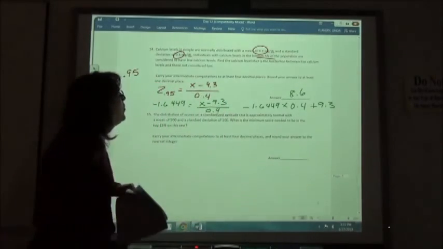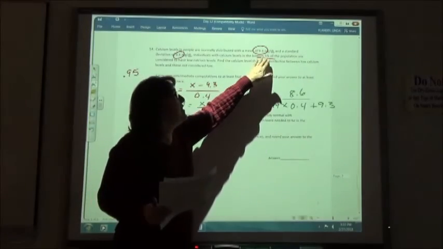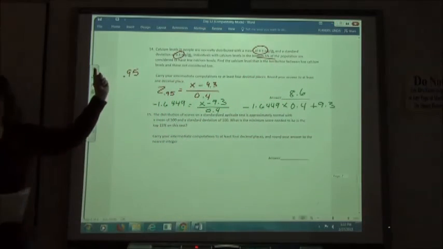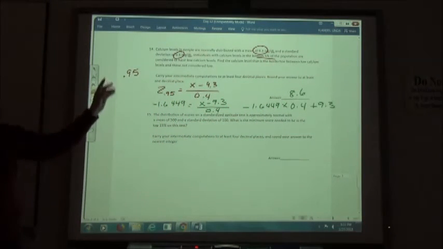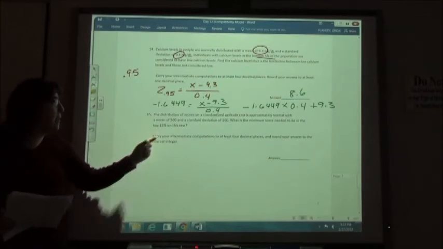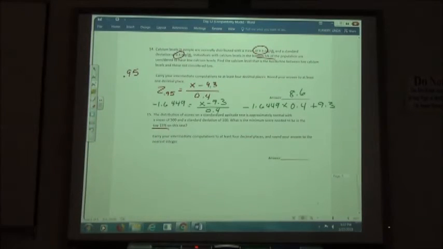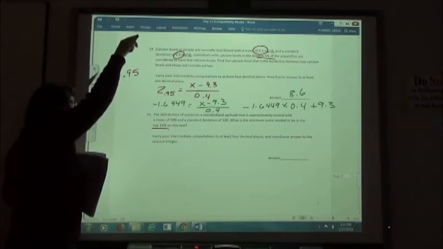So on these previous two, they gave us the bottom. When they give you the lower end, you have to do 100% minus that. This one, they're going to give us the top end. We want to do the top 15%. If they give us the top end, we're just going to use that number. We don't have to do 100% minus that like we did on the 2 previous ones.